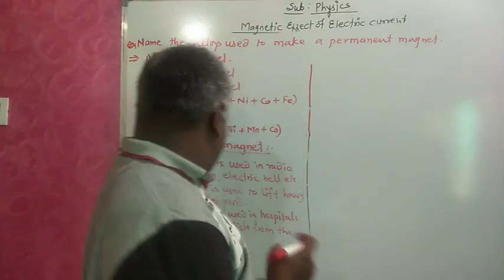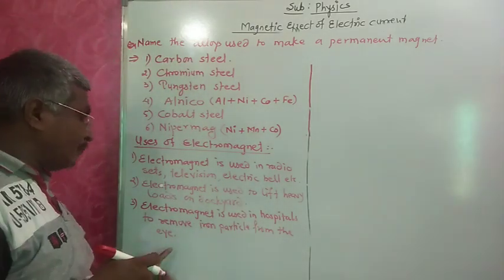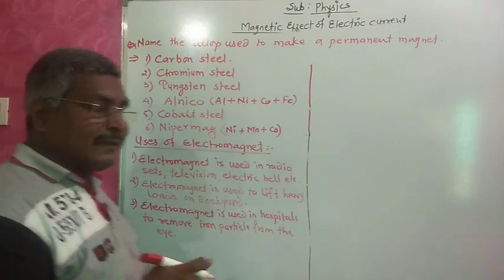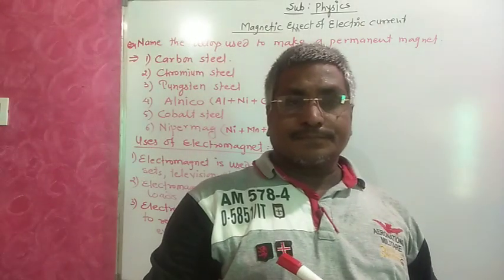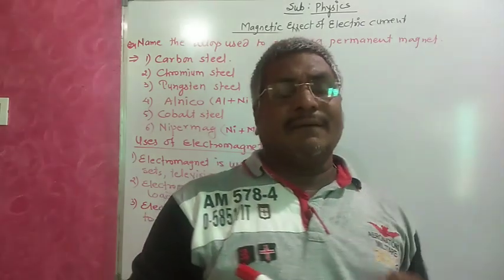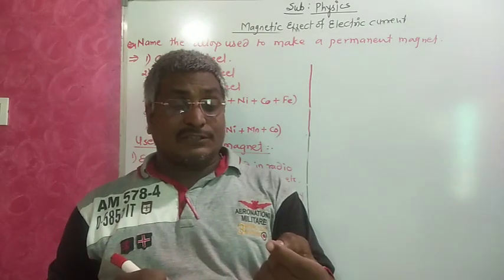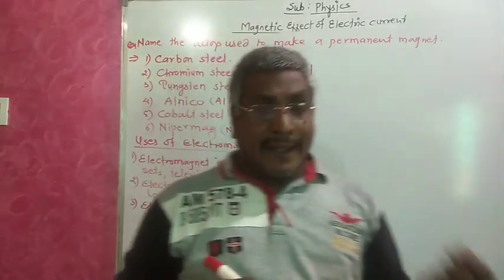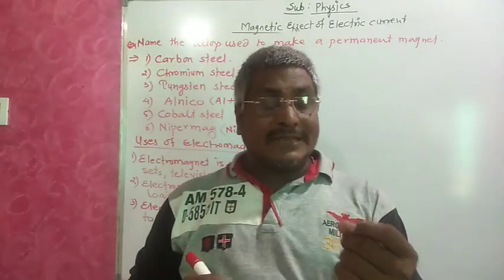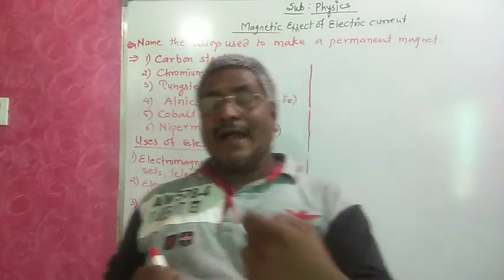Sometimes in a storm, some iron particles enter our eyes and get fixed there because these iron objects have sharp edges, so they insert into the eyeball.